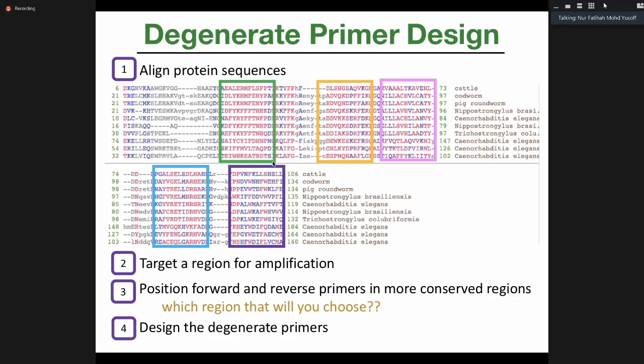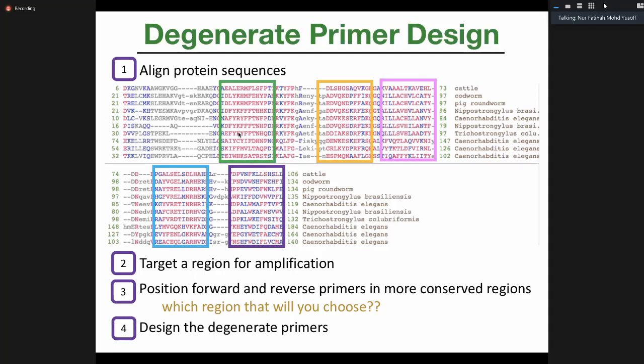So now Izani has pointed out that we can design the forward primer in the green box. What about the reverse primer? I think the same box, the green box. So Izani designed the forward primer in the green box.